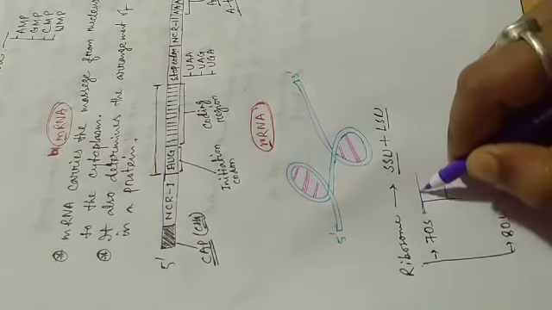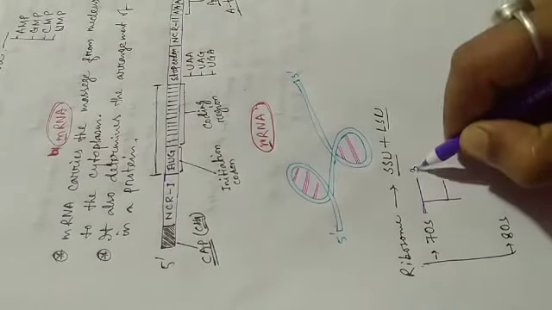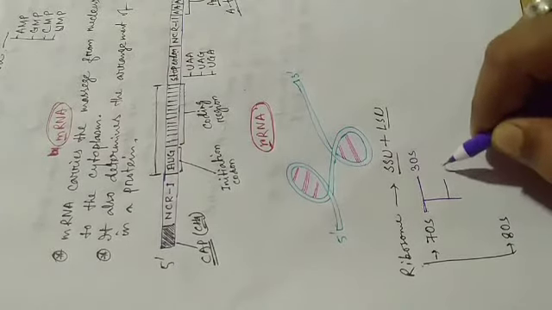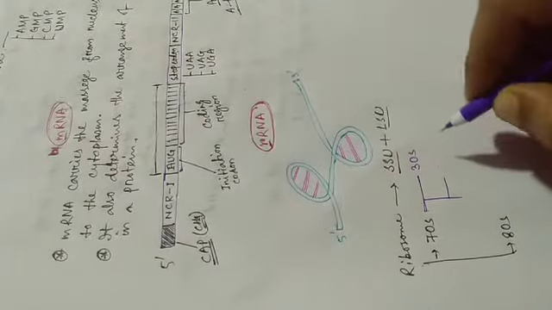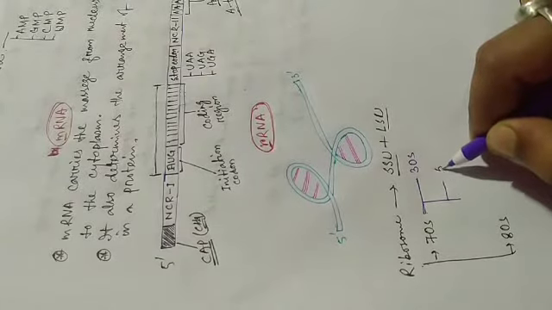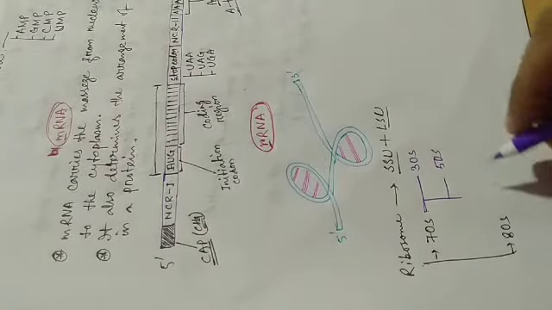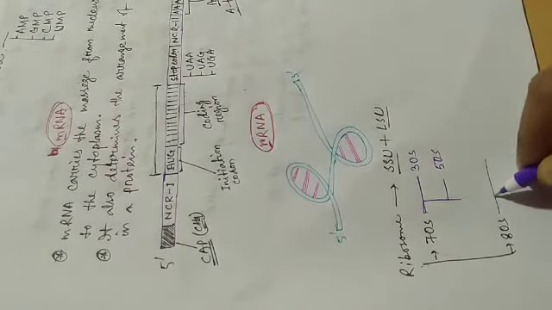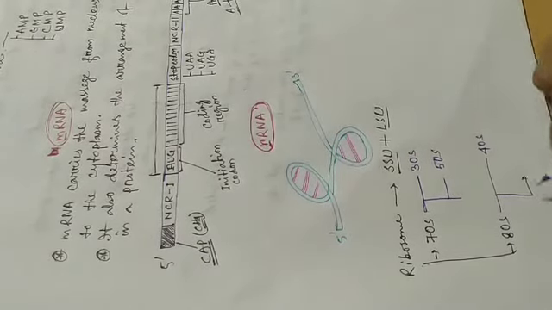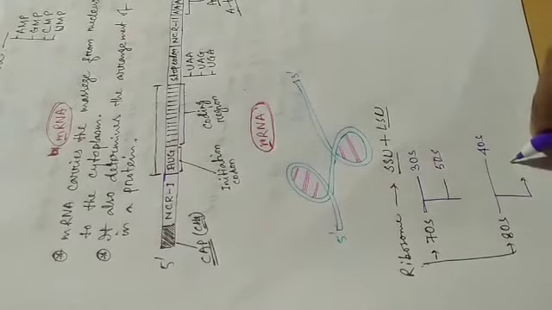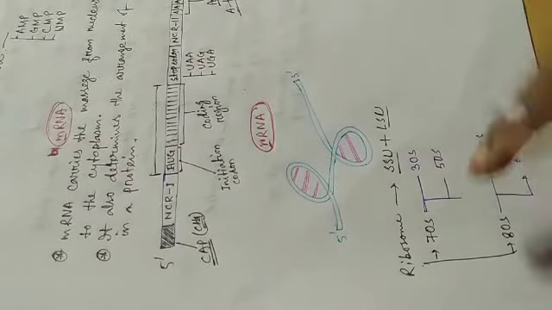The small subunit of the prokaryotic ribosome is 30S, and the large subunit is 50S. And the 80S ribosome, means eukaryotic ribosome, has the 40S as small subunit and 60S as large subunit.